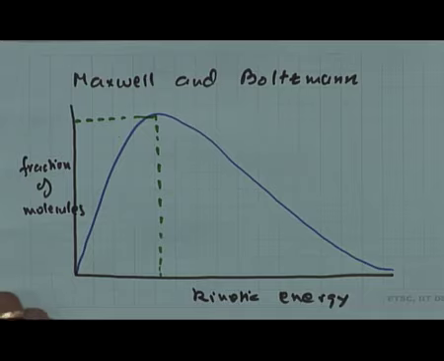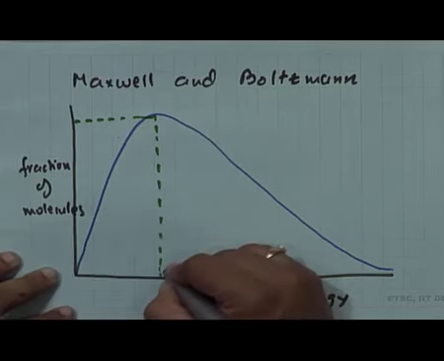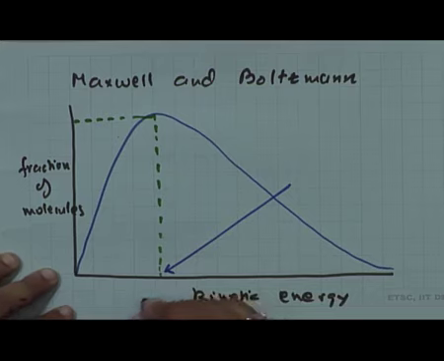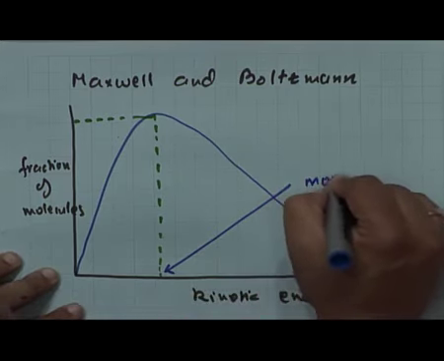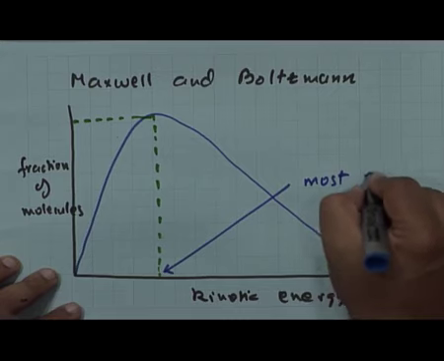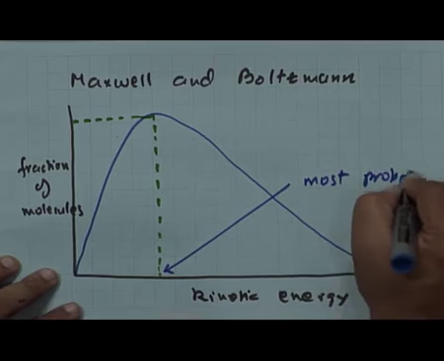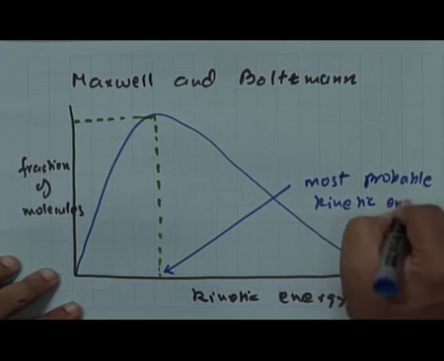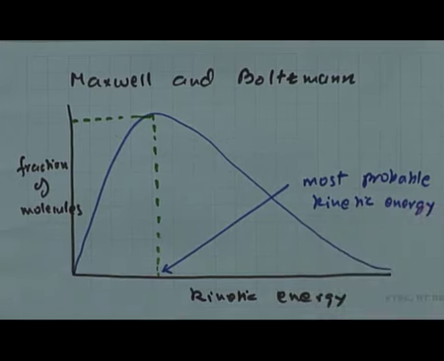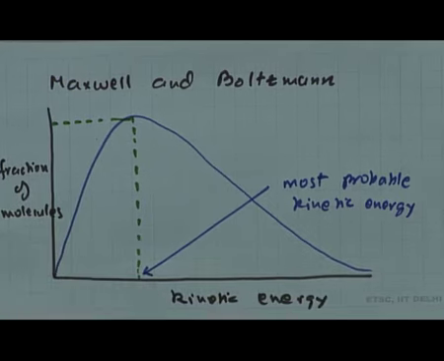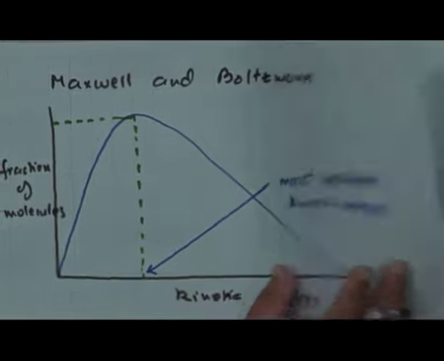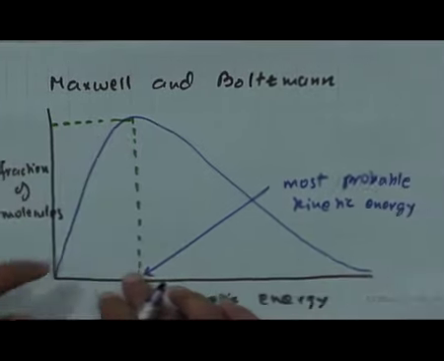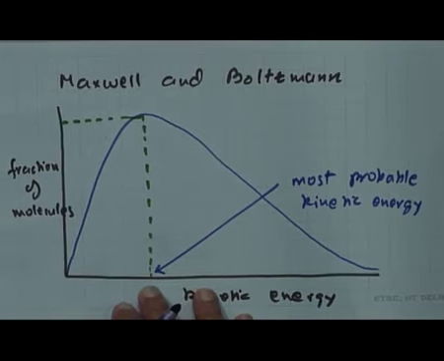Then we say that this value of kinetic energy corresponds to the most probable kinetic energy. Why is it most probable? Because you understand that the maximum fraction of the molecules is having this kinetic energy, and hence it is called the most probable kinetic energy, right.